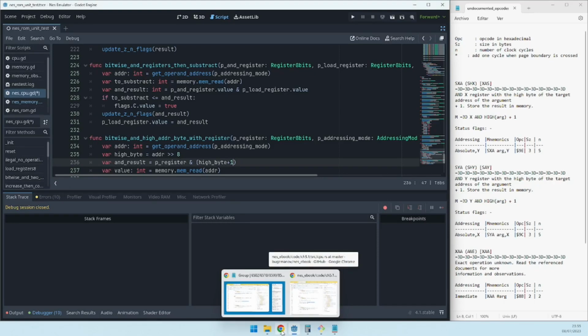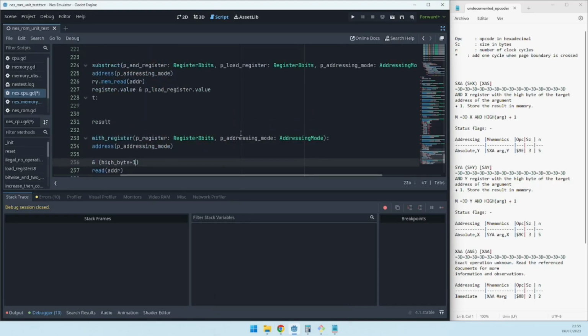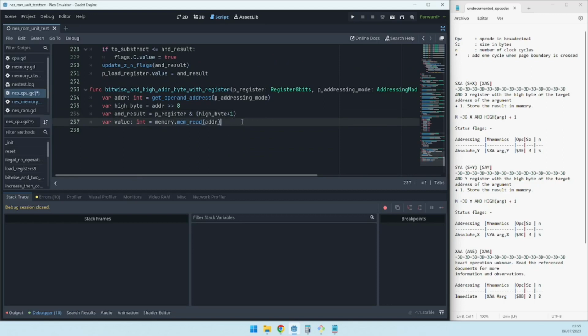And does it update any flag? No, it doesn't. Okay, that's cool.